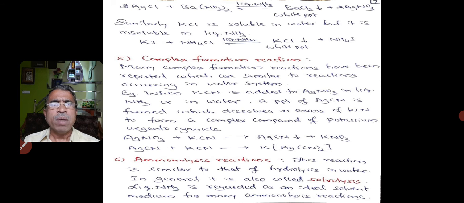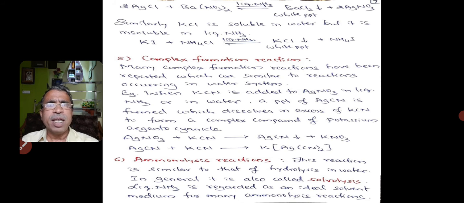For example, when potassium cyanide is added to silver nitrate in liquid ammonia or in water, a precipitate of silver cyanide is formed, which dissolves in excess of potassium cyanide to form a complex compound, potassium argentocyanide. So this reaction takes place in water as well as in liquid ammonia in a similar fashion.